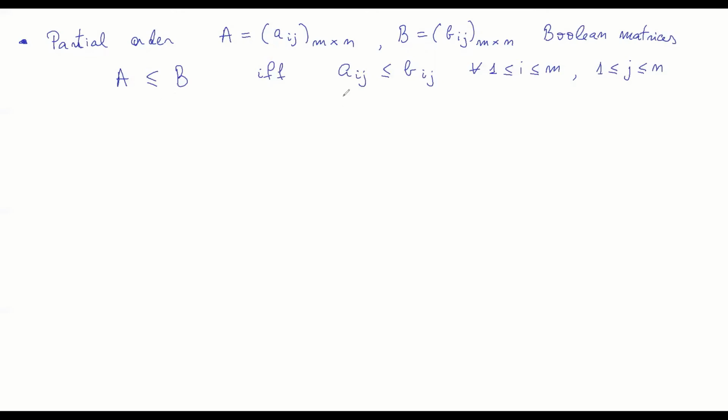Now remember that all these elements are in the set {0, 1}. So when you think about this, what are the conditions under which you have this smaller than or equal order?